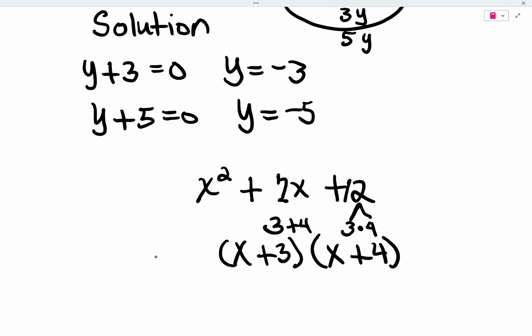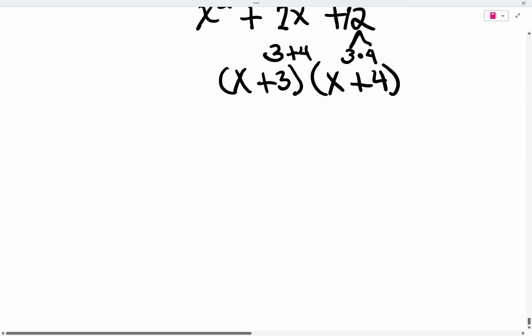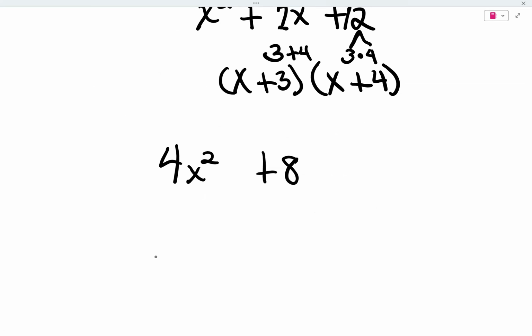Okay, so what about when you have a trinomial like this one? What if I said to you, I have 4x squared, positive 8xy, and a negative 5y squared.